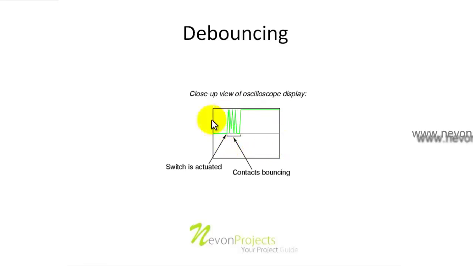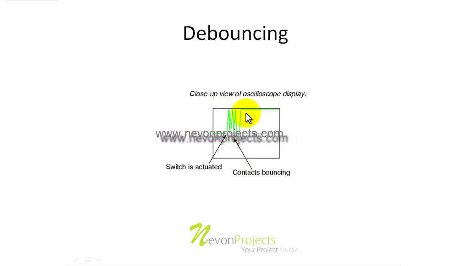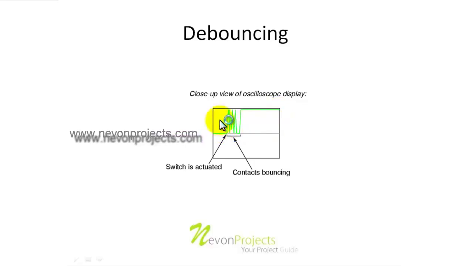So in this situation, when a switch is actuated, you can see these spikes. These are actually recorded from an oscilloscope, and we are displaying a close-up view of it. So you can see that there are very sharp spikes before it goes fully stable to a stable high. So before a stable high there are multiple oscillations of the switch, and the reason for it is debouncing of the switch.